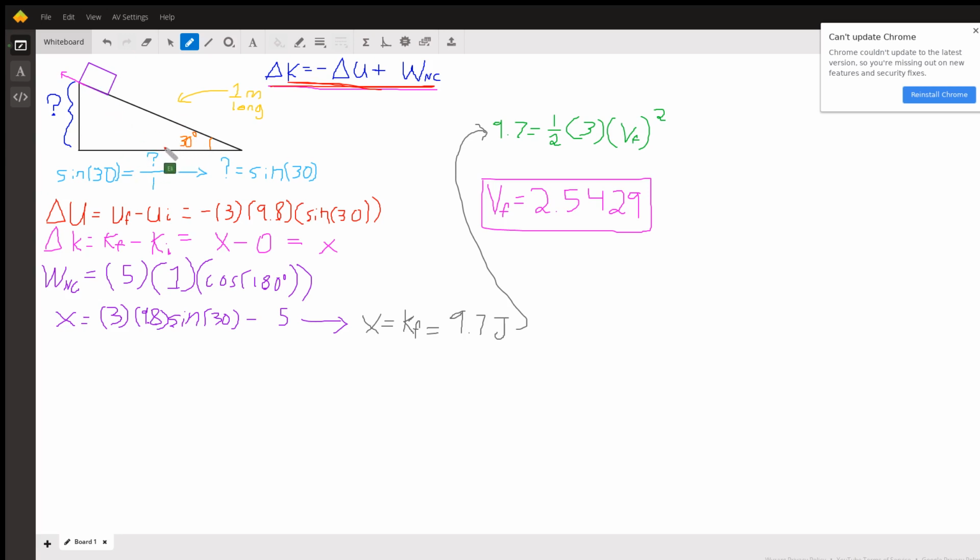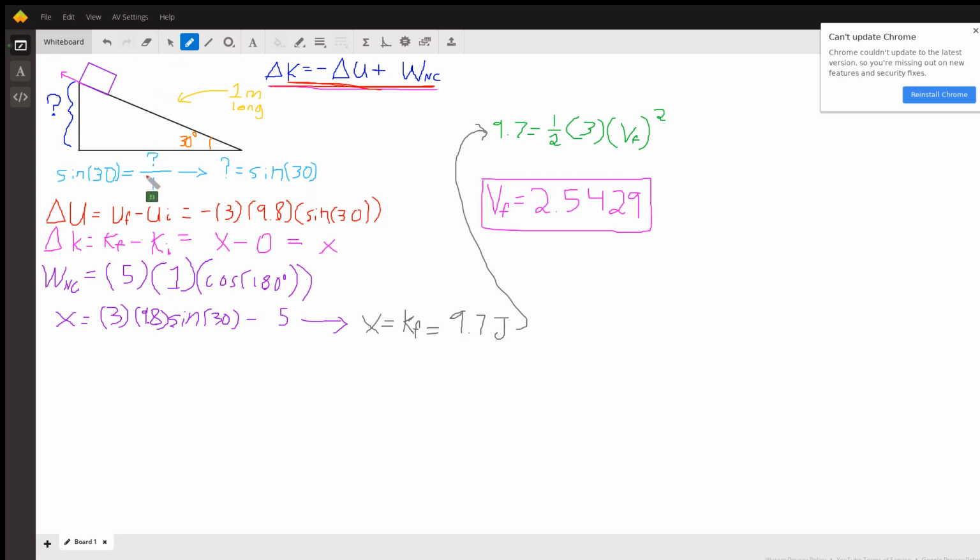So we can use trigonometry to say the sine of 30 degrees equals the opposite over the hypotenuse. The question mark is the opposite. So we can simplify this to the unknown side equals the sine of 30 degrees. So sine of 30 degrees represents the length of this side right here.